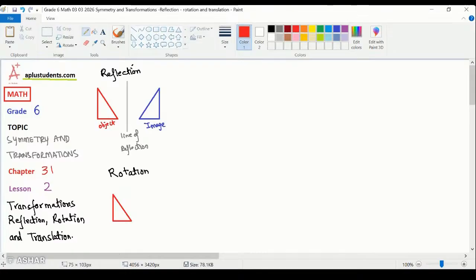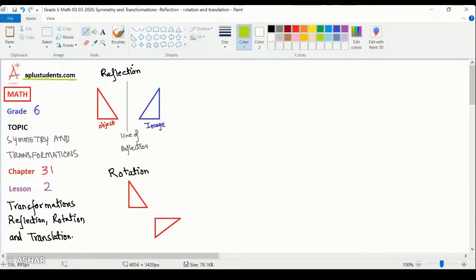So if this was the object given to us, when we make the image, it can be rotated this way.